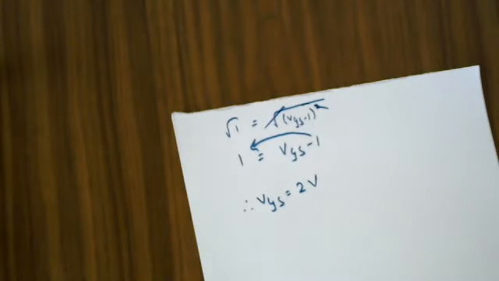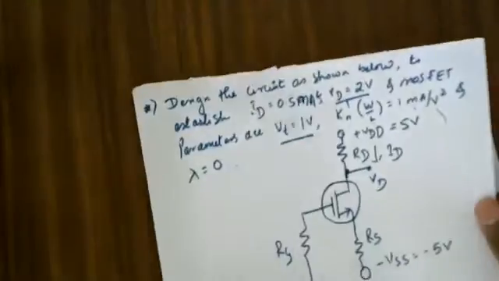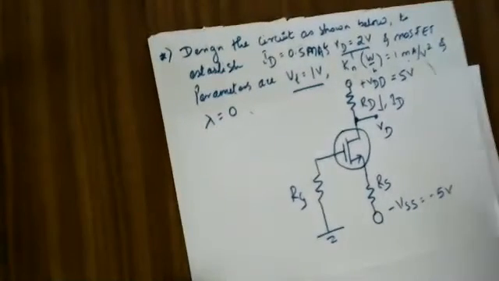Understood? Once I know the value of VGS, I can just apply the KVL loop to compute the value of RS. For your reference, I will show the circuit. I am going to apply KVL to this loop, wherein I write the equation for VGS.